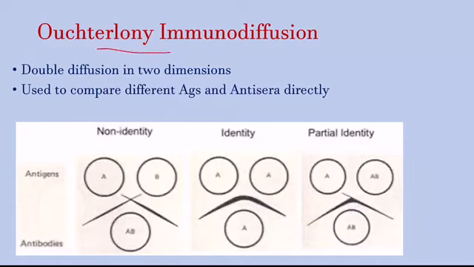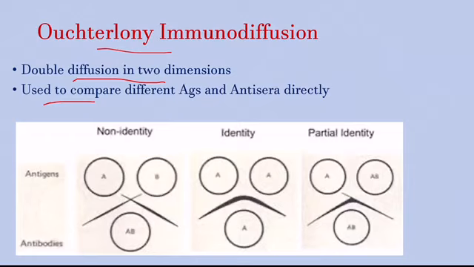Another one is Ouchterlony immunodiffusion. This is a double diffusion in two dimensions. Generally, Ouchterlony immunodiffusion is used to compare the different antigens and antisera. This is the widely used method for comparing different antigens.